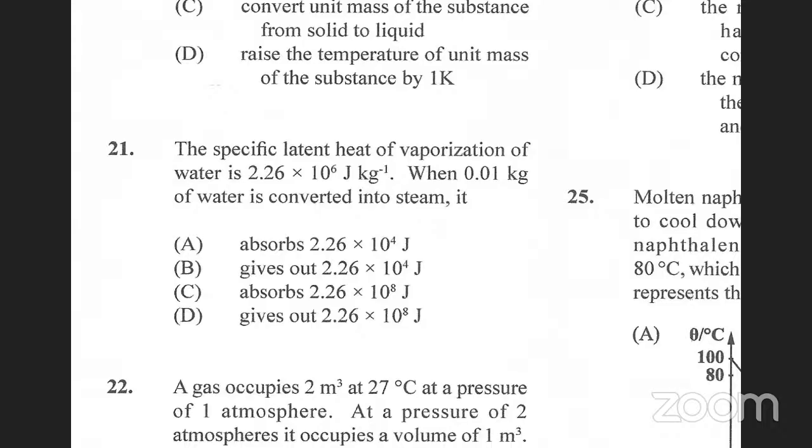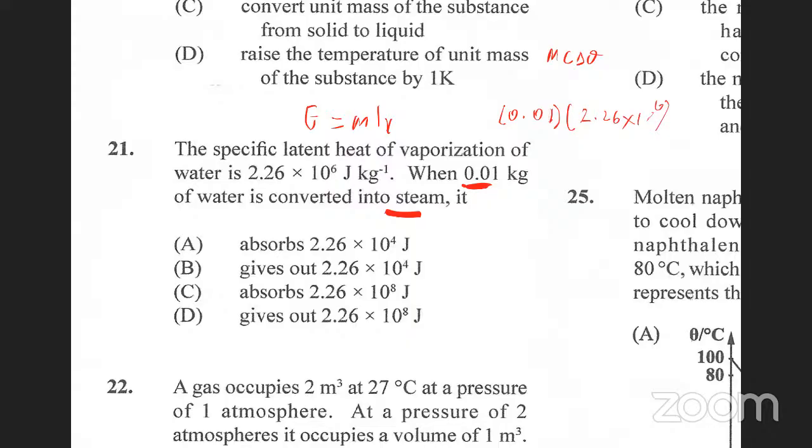Next one. They give you the latent heat of vaporization, they give you the mass, they want to convert water to steam. So E is equal to mL_v, right? Remember, mc delta theta for temperature change, mL_v or mL for phase change, right? So this will be 0.01 times 2.26 times 10 to the 6.